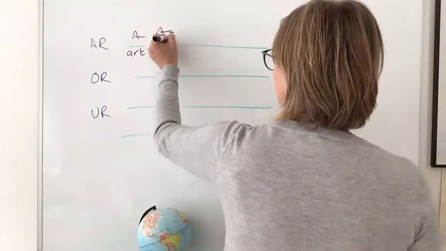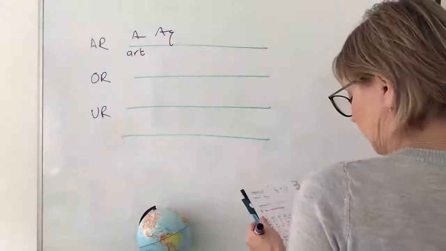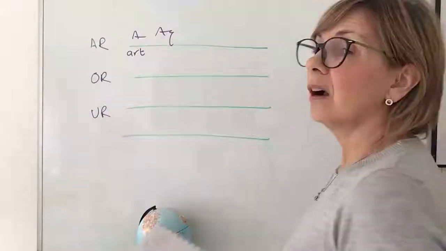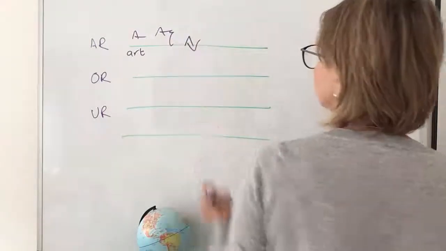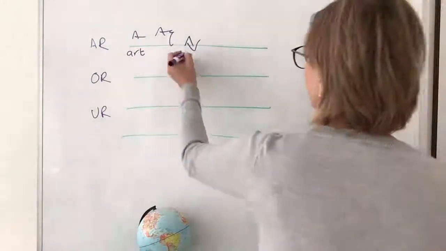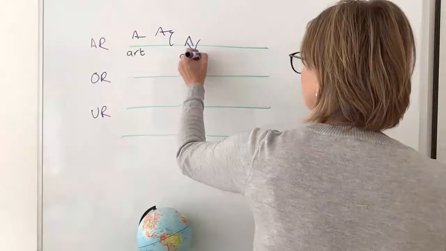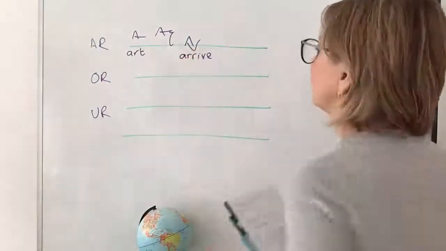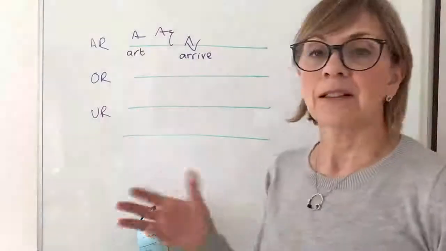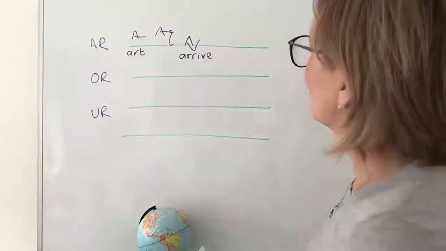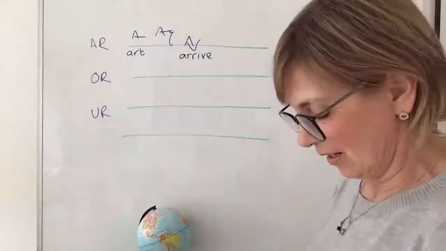And of course I can add things on the end, so that would be article. Arrive. How quick is that to write arrive? Full A, miss out the R and put the V close to it. Not exactly through it, but underneath, close to it.